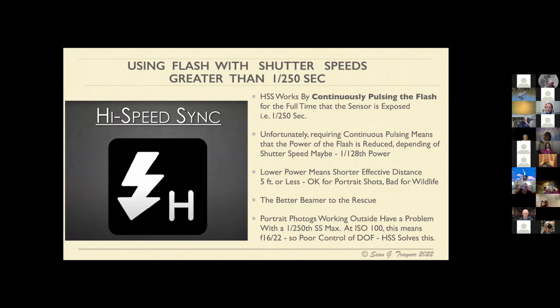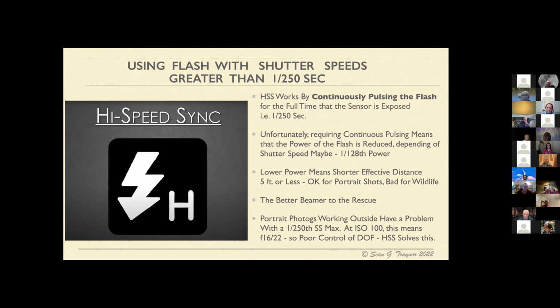Unfortunately, continuously pulsing the flash means that the power output of the flash is significantly reduced. And depending on the shutter speed, that might be reduced to as much as 1/228th the power of a normal flash.